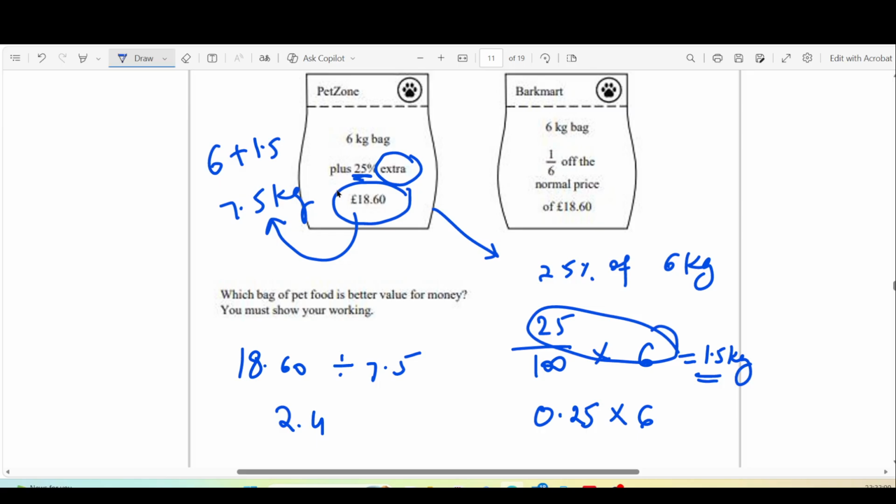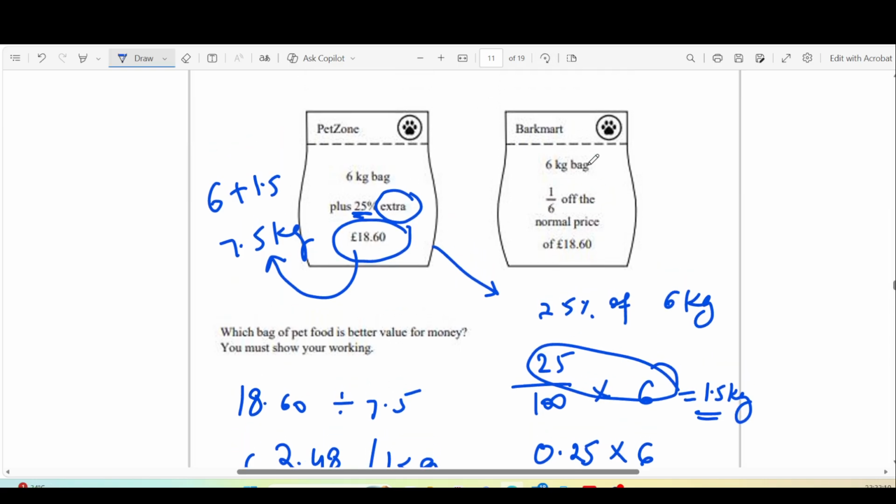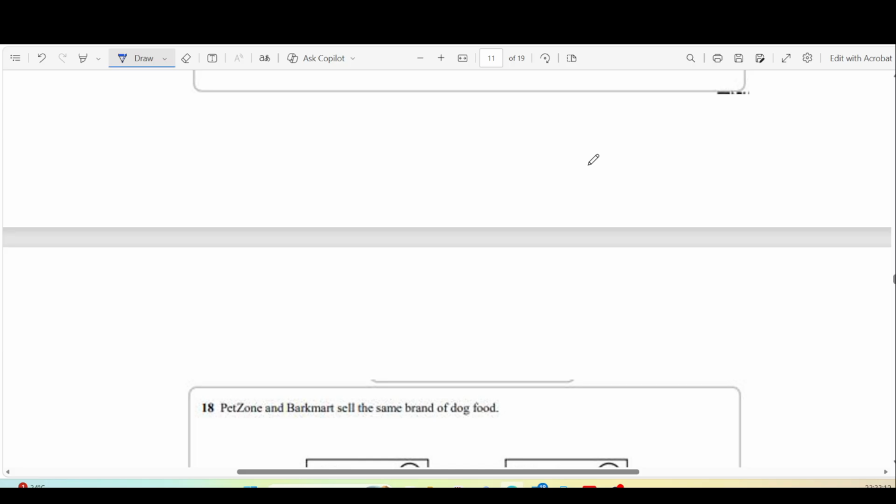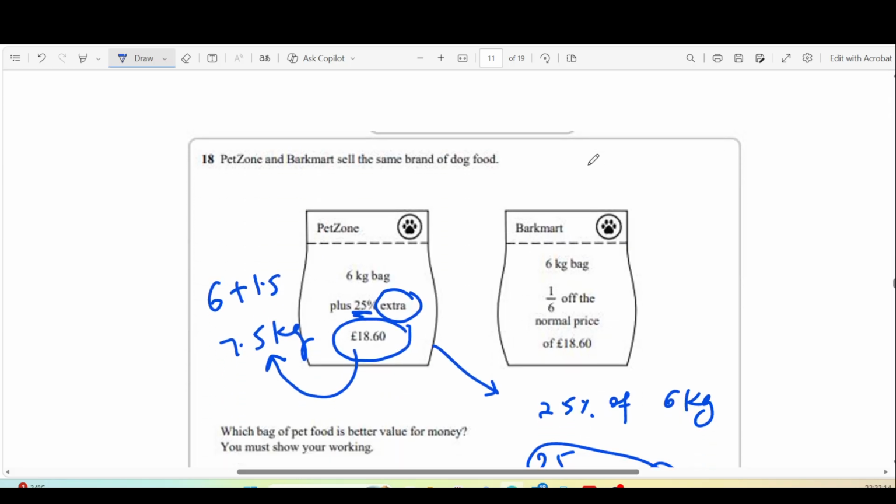So 2.48 euros per kilogram, this is the value. Now let me just go over there. This is the 6 kilogram bag, and the original price is 18 point.